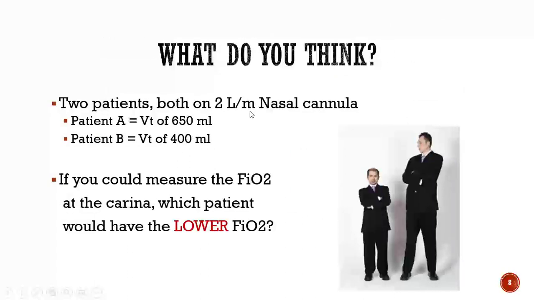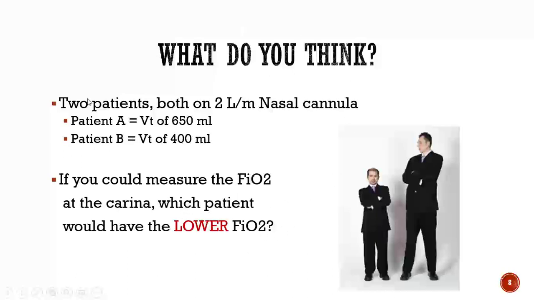Just to reinforce that whole patient inspiratory flow needs, if you have 2 patients, both on a 2-liter nasal cannula, and patient A has a tidal volume of 650 and patient B has a tidal volume of 400, if you could measure the FiO2 at the carina, which patient do you think would have a lower FiO2?